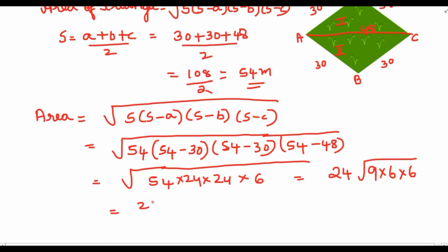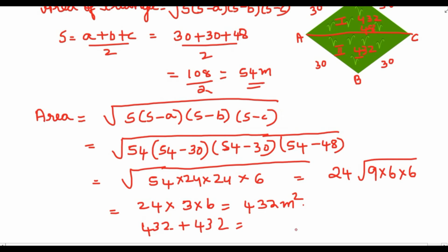So area of one triangle is 24 into 3 into 6, which is equal to 432 meter square. So area of the first triangle is 432. Since the diagonal divides the rhombus into two equal parts, area of the second triangle will also be 432. So total area will be 432 plus 432, which is equal to 864 meter square.